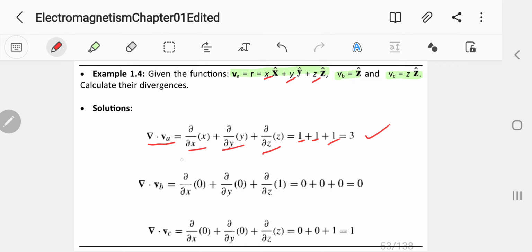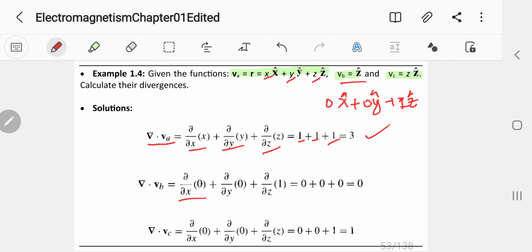And then you get the divergence of VB, and also the partial derivatives. The x hat has 0 component, plus 0 component of y hat, plus 1 component of the z hat.